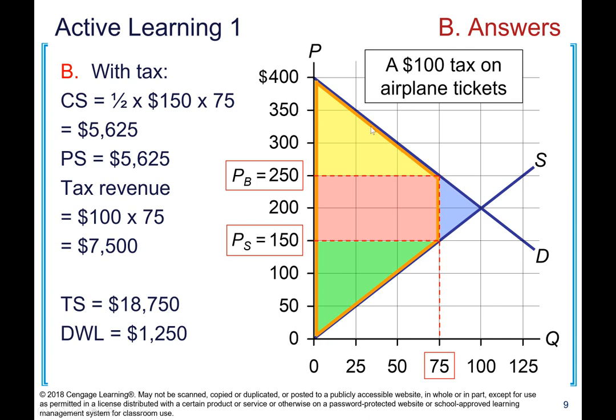That's the area of this smaller yellow triangle. Producer surplus is also 5,625, which is the area of this green triangle. And the tax revenue is the area of this rectangle here, which is 100 times 75. And the small blue triangle is the deadweight loss. We have lost 1,250, which is the area of this triangle.